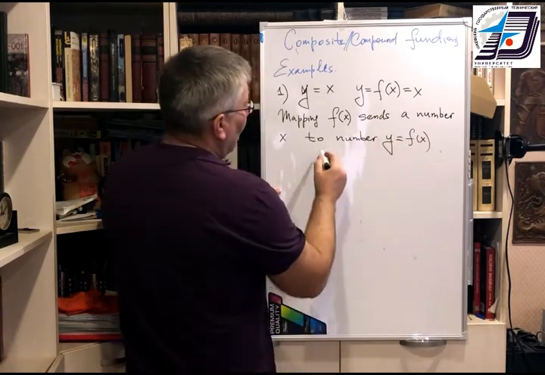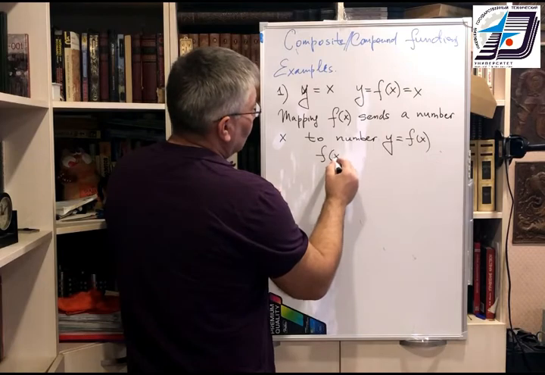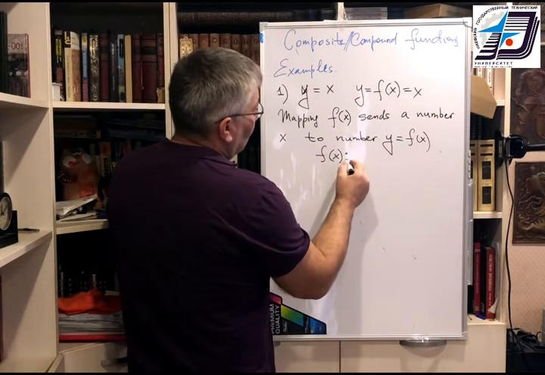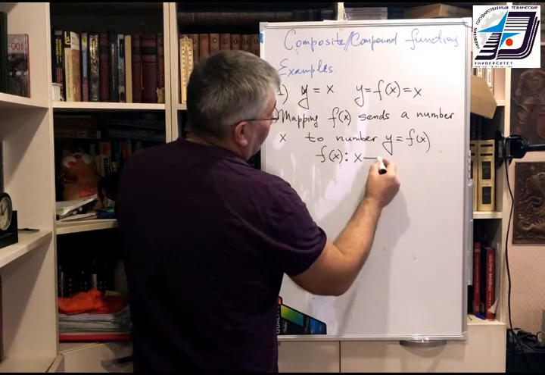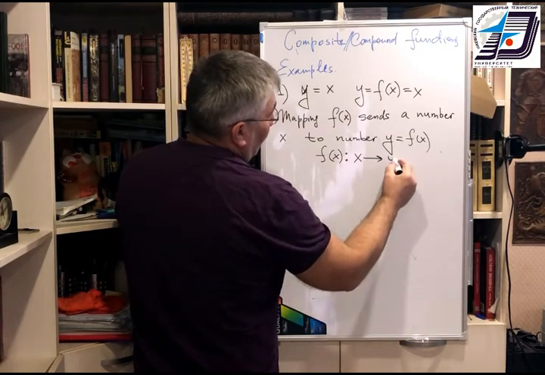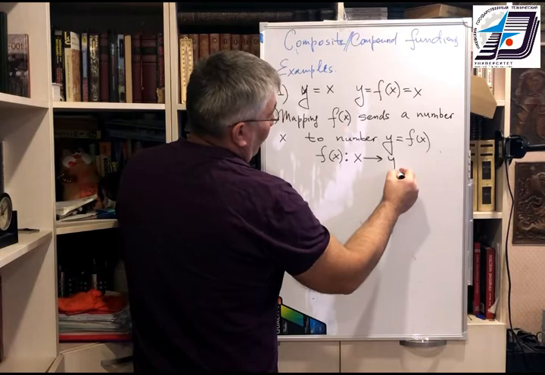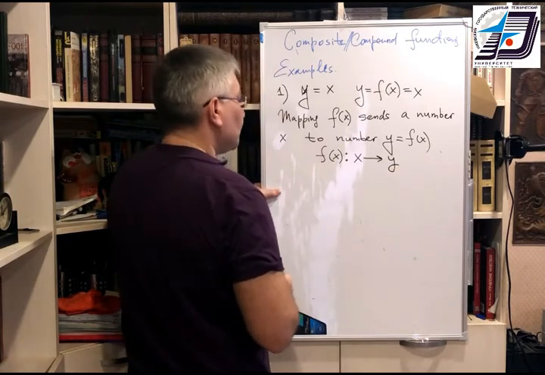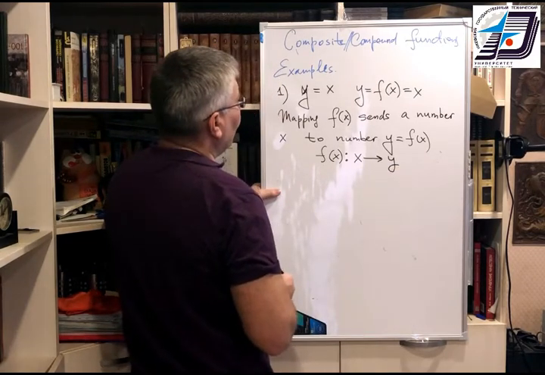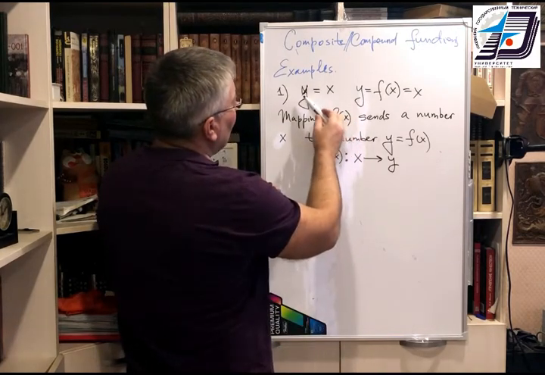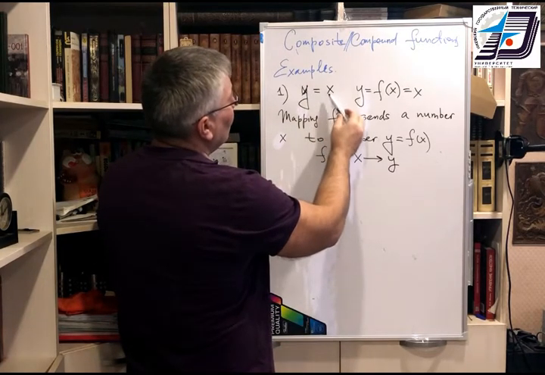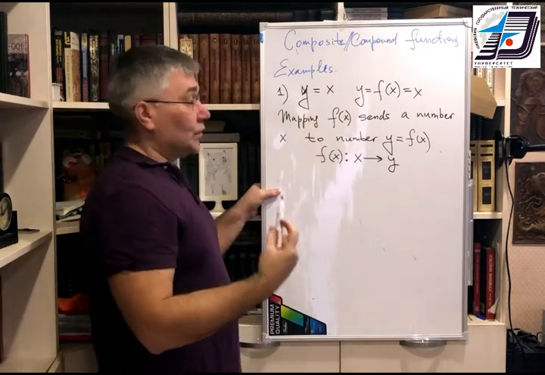Or we can write down this thing like f of x colon x is sent to a number y. Okay. You can notice that if you want to know the value of y, you have to make only one operation.